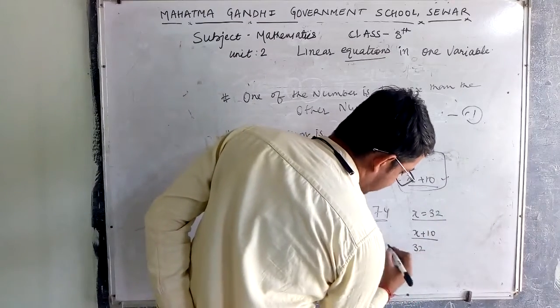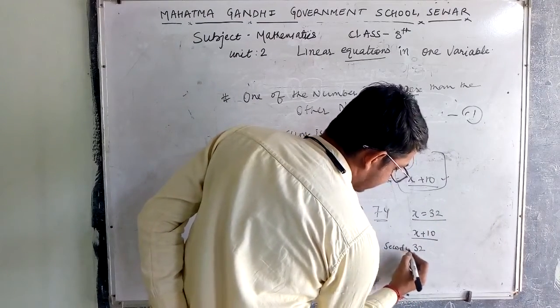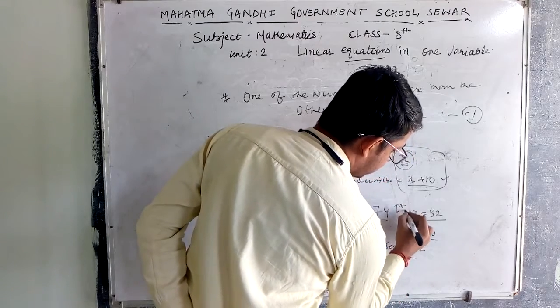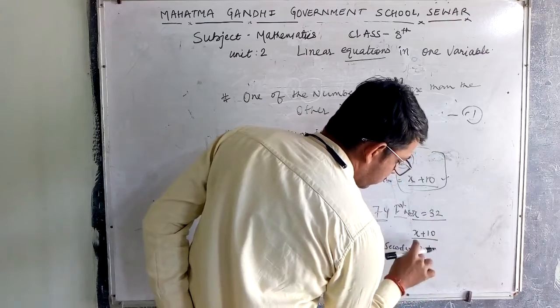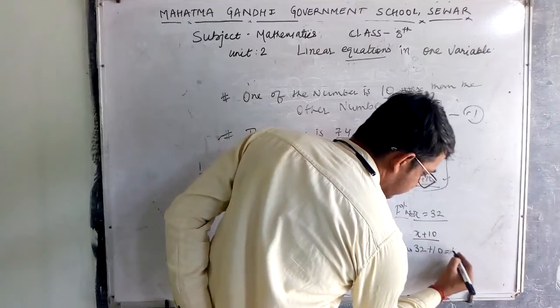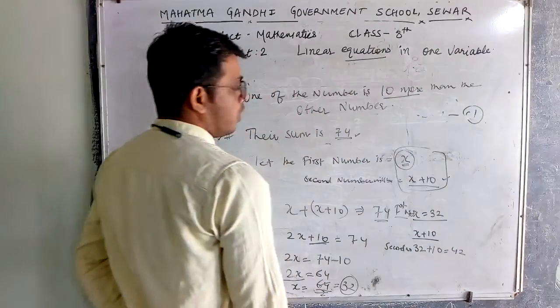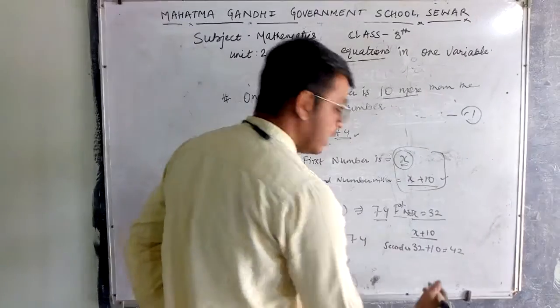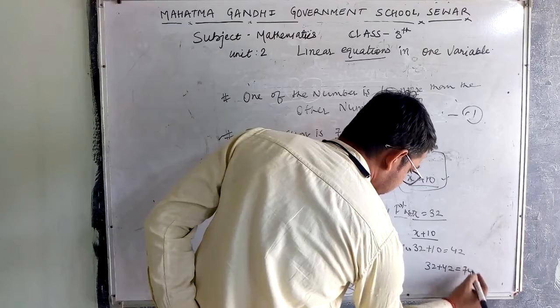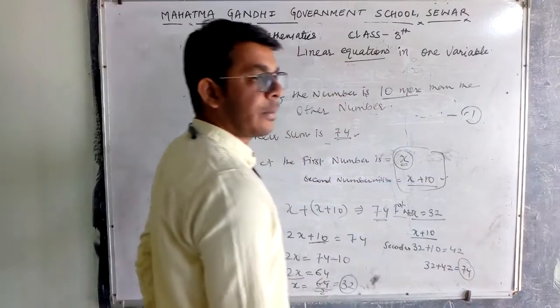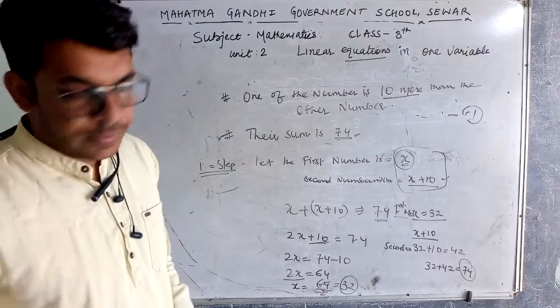So this is the first number, and this is the second number: 32 plus 10, what is 42. If we place them, 32 plus 42 equal to 74.